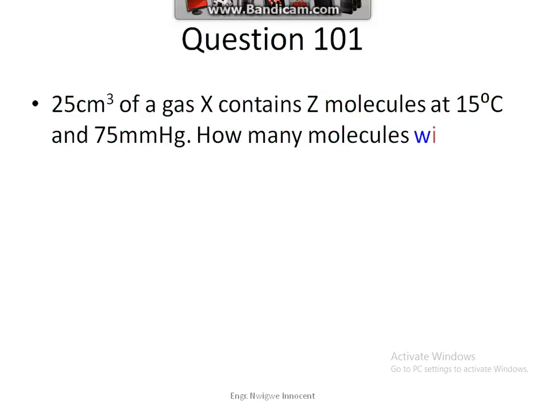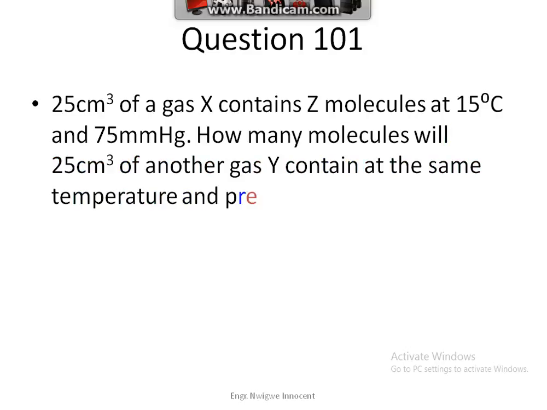Question 101. 25 cm³ of a gas S contains Z molecules at 15 degrees centigrade and 75 mm mercury. How many molecules will 25 cm³ of any gas Y contain at the same temperature and pressure? A. 2Y, B. 2Z, C. Y, D. Z. Solution.